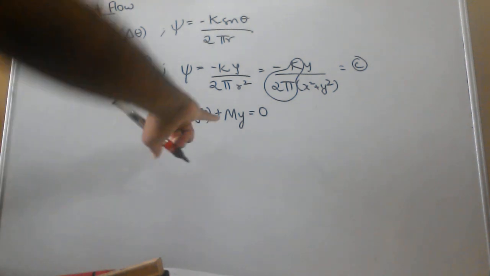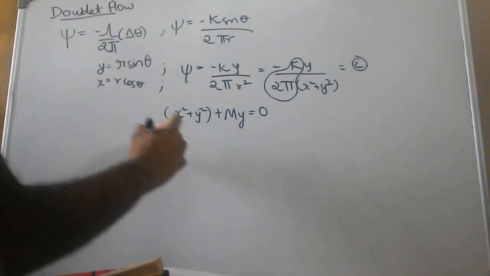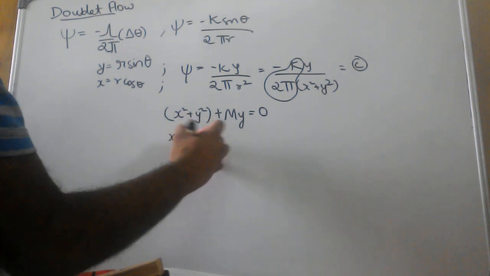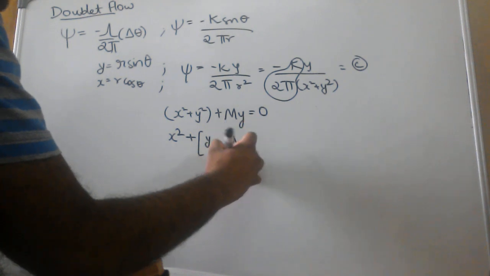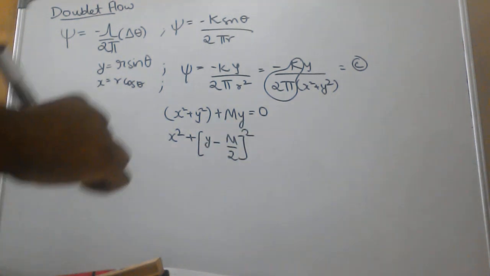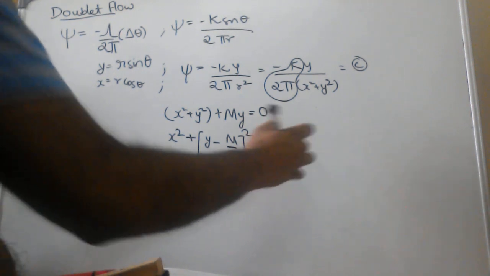So from here I can just complete the squares, right? So what I can do is I can write this as x squared plus y minus m by 2 the whole squared minus m squared by 4. I hope that's right.